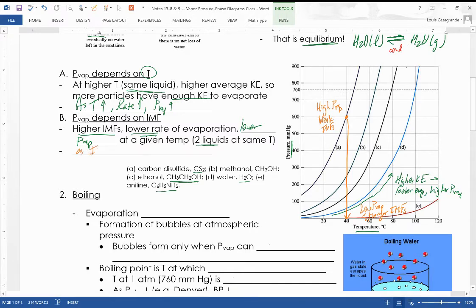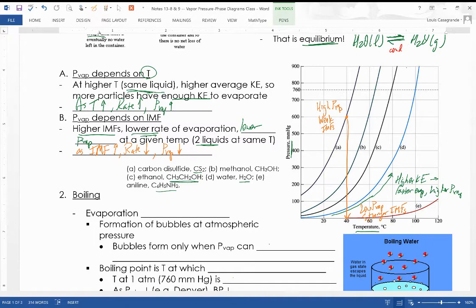So as the intermolecular forces go up, the rate of evaporation goes down because it's less volatile, and that means the vapor pressure also goes down. This set of curves will play significantly in your homework tonight.